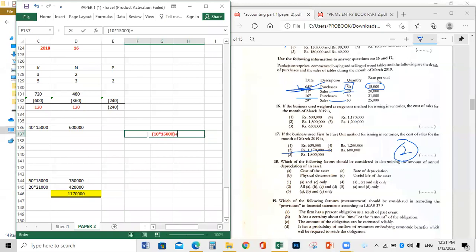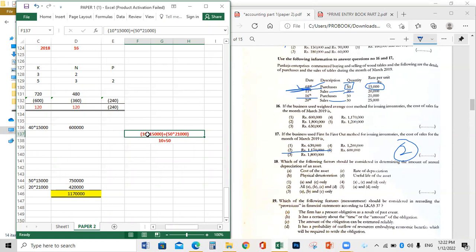Not only that, there is another purchase of 50 units at the price of 21,000. This is how we find the average. Totally, how many units are there? 10 plus 50. So guys, the weighted average price is the value at the issuing date divided by the quantity at the issuing date.